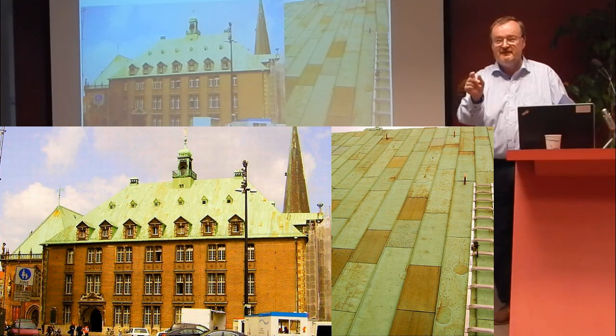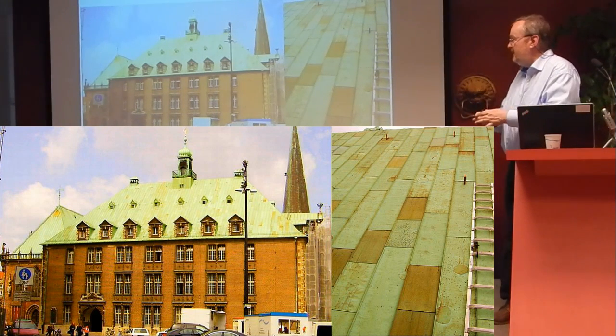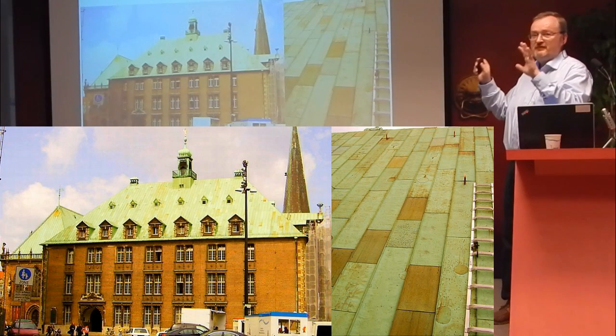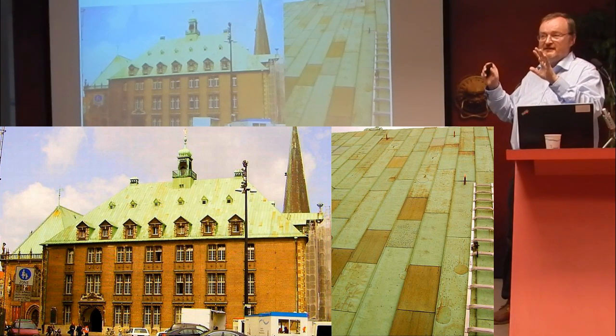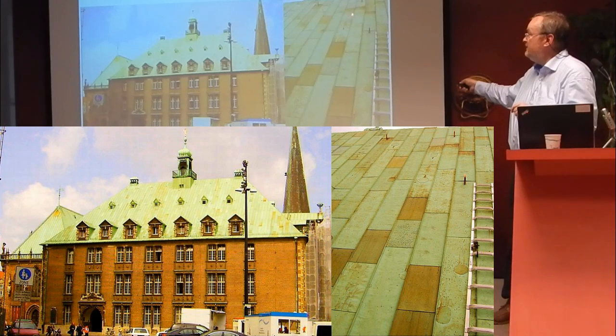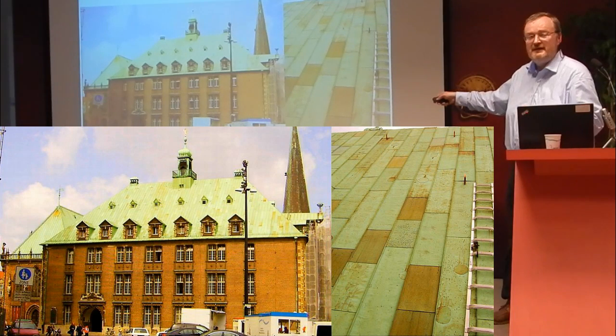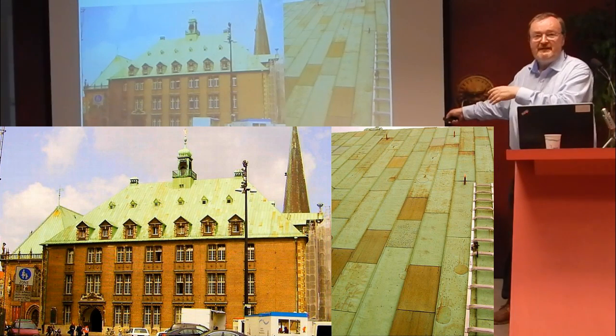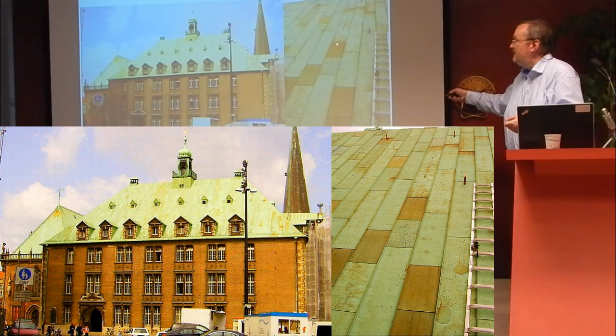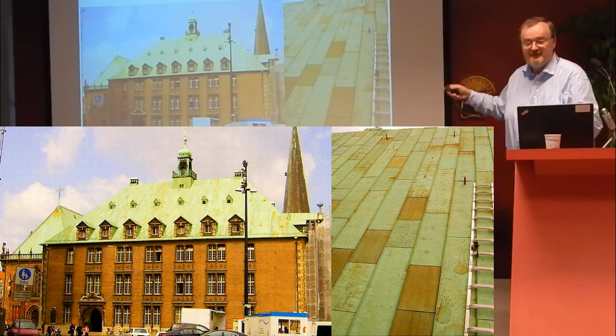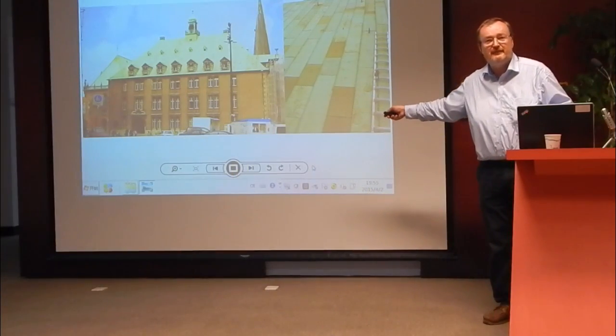And so we cut 2-3 centimeters from the edge away and make a new binding, and from outside you will not detect the difference. And so we can manage to reuse all historic and all patina sheets of copper. And we have the historic repair parts also in it. And this saves a lot of money.